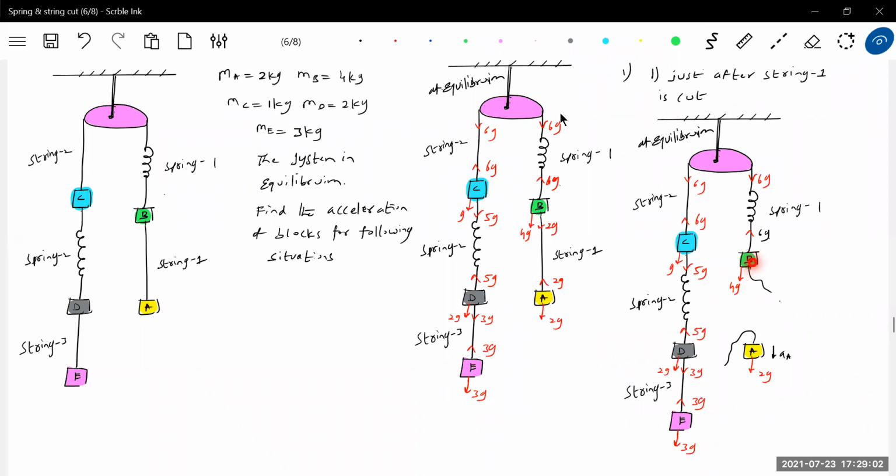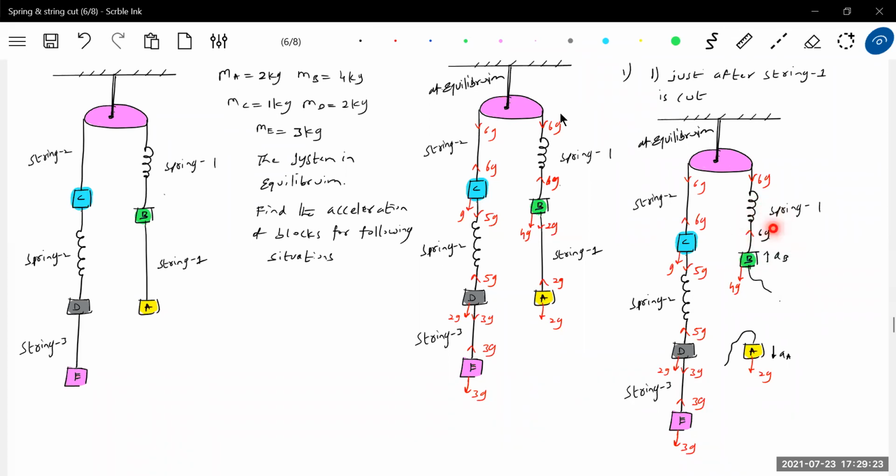Yes, earlier 6G was balancing 4G. It should move up. Spring force will not change. As block B starts moving up after some time, then the spring force will change. But we are discussing the problem just after. So spring force will not change here.